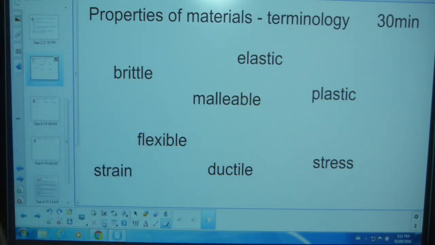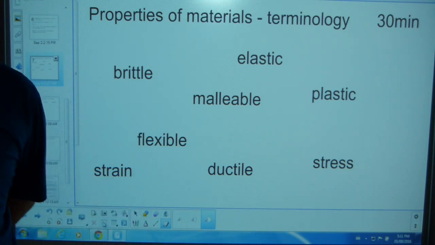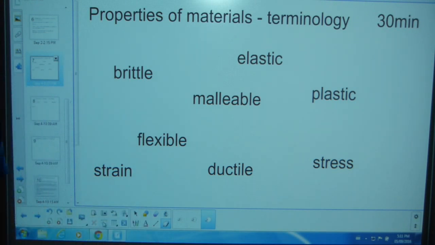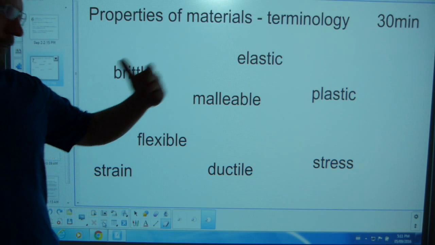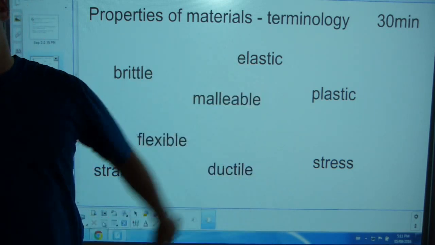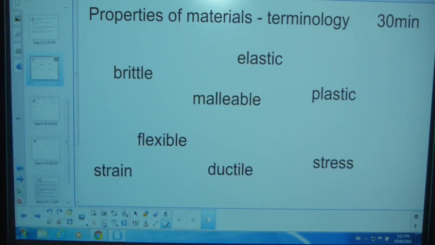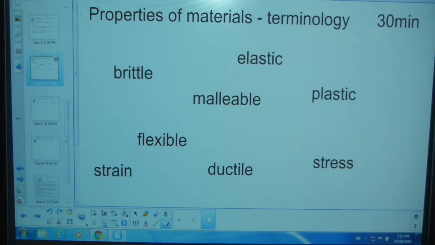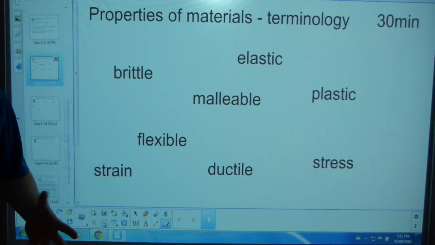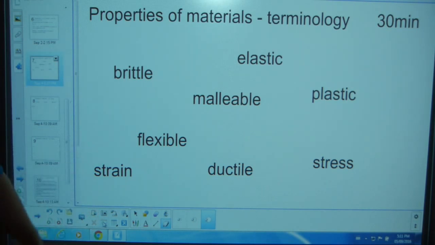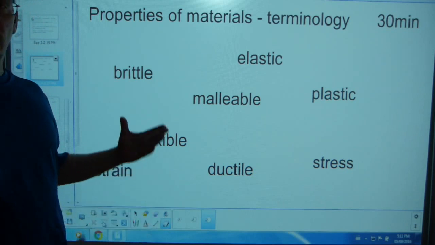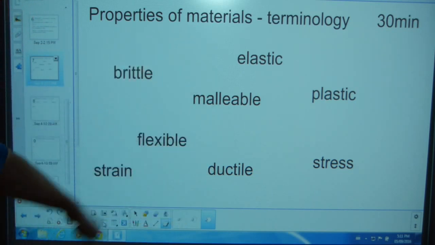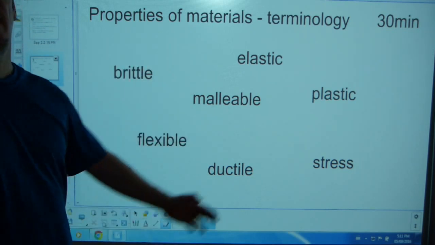Plastic is not going to be a noun, as in a plastic bag that you put in the trash can. It's going to describe a behavior of material, namely the material's plastic deformation. Likewise, strain is going to describe the material straining, whatever that is. Definitions coming up. All of these describe the material's behavior.